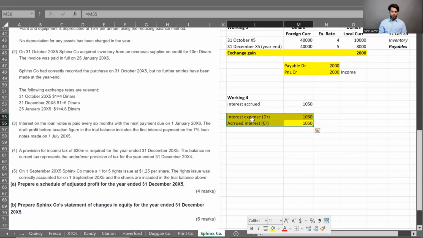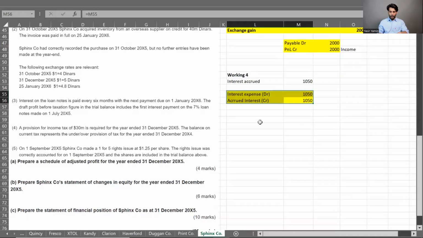Let's move on. Now it is working number 5. It says that a provision for income tax of 30,000 is required for the year ended 31st December X5. What is this 30,000? I'll give you full marks if you tell me.